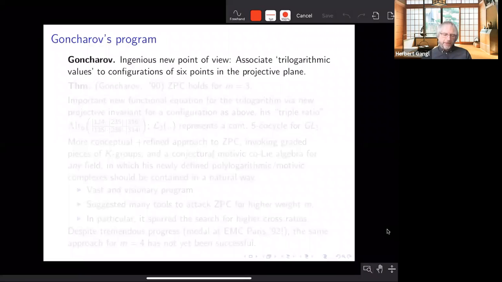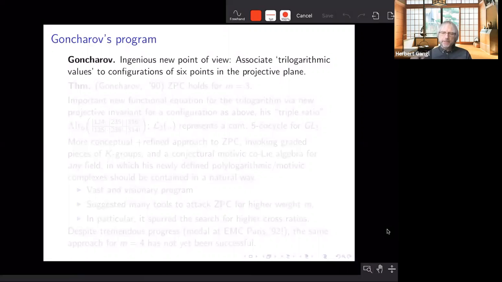Now, Goncharov had a vast program. He entered the stage shortly after, so if I recall correctly, it was the end of the 80s when Zagier put his conjecture into print, and then Goncharov had an ingenious new point of view.